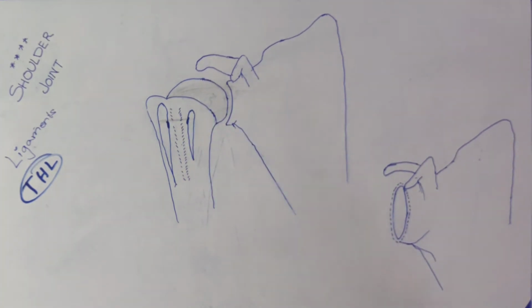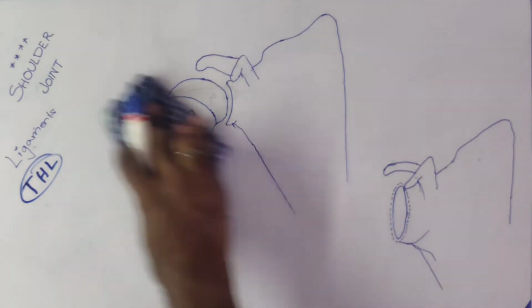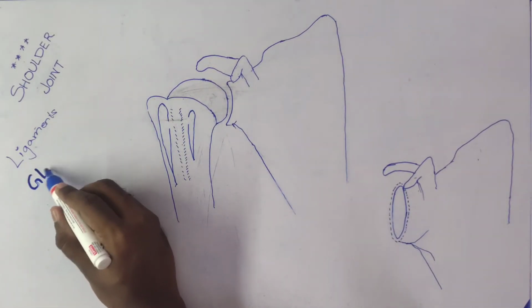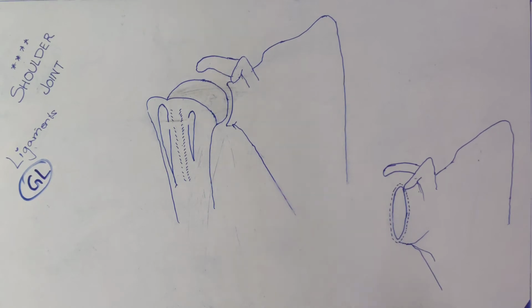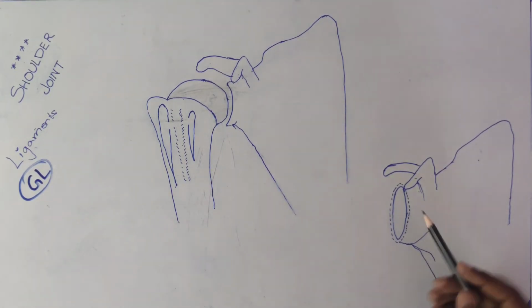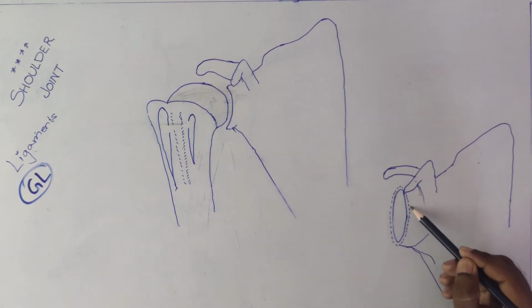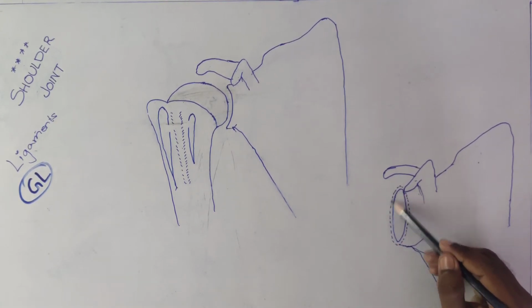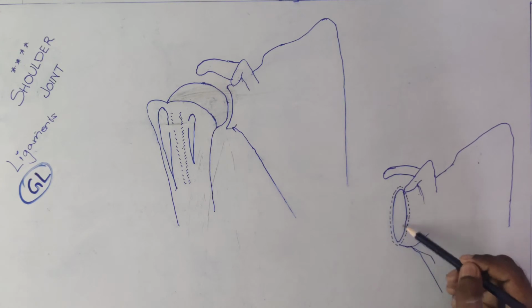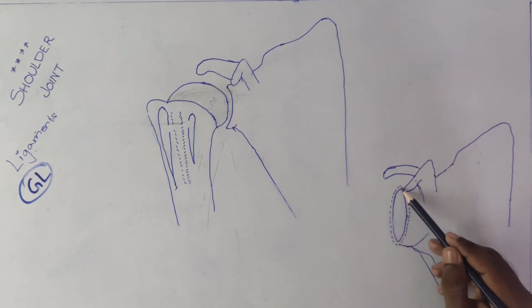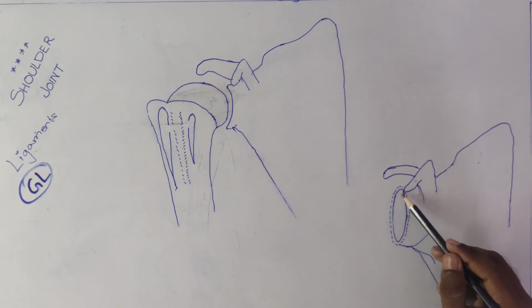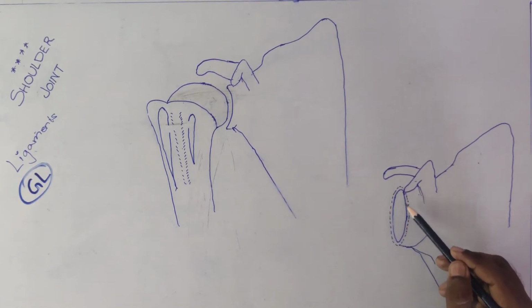The next is the glenoid labrum. We can observe here this is the glenoid cavity, and the dotted lines are the glenoidal labrum. We also call the labrum lips. The labrum is a fibrocartilaginous rim.